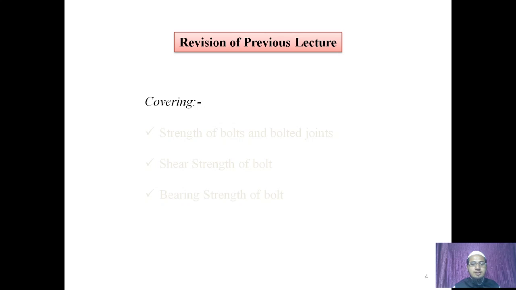In today's session, we will continue our discussion on strength of bolted joints, in which we will discuss the tensile strength of bolt. What is meant by tensile strength, and what is the need of calculating it? As we have already discussed in failure modes of bolt, there is tensile failure of bolt.